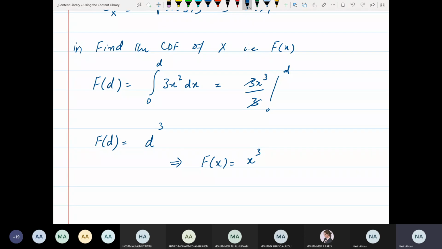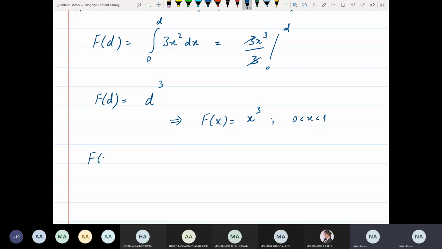Now my question is, what does this capital F of D or capital F of x give you? This is the integration from 0 to a specific point. This is basically the probability of X less than or equal to x. Let me call it D. Forget about this x. It's confusing.